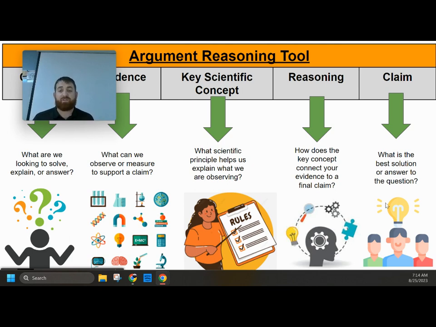And then the claim is the final or best solution or answer to the original question. Today we're going to use this tool with our cola example, breaking down all of these 5 ideas so we can have a strong scientific argument.